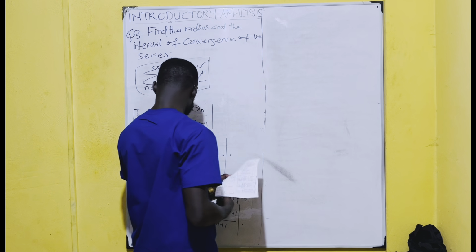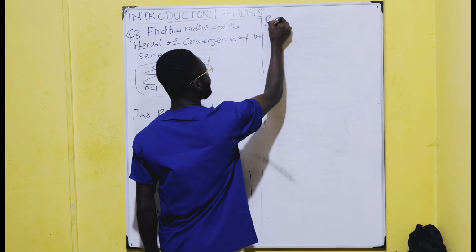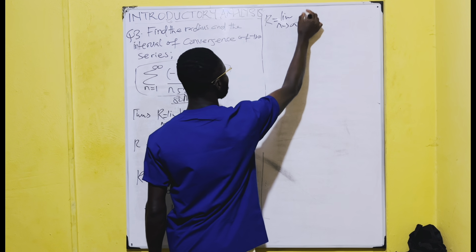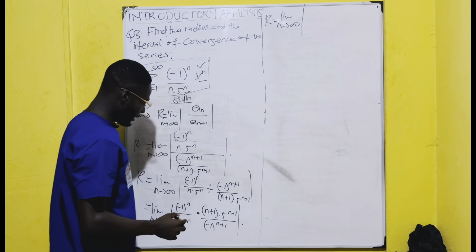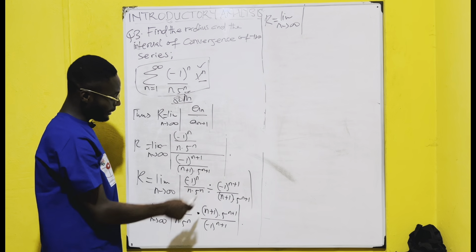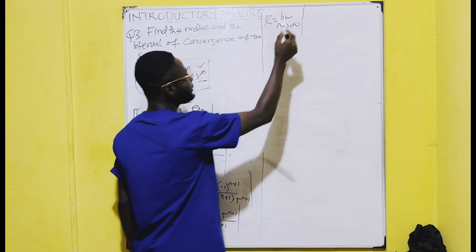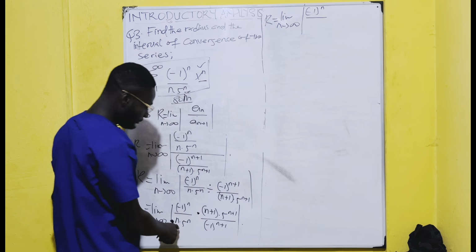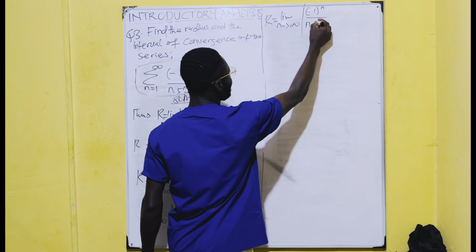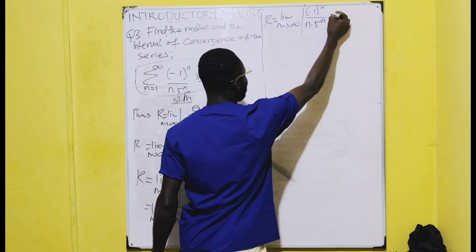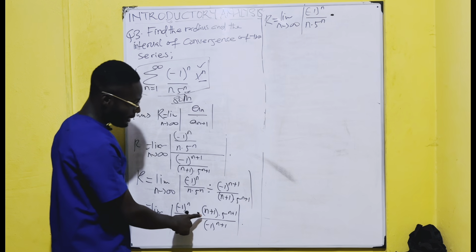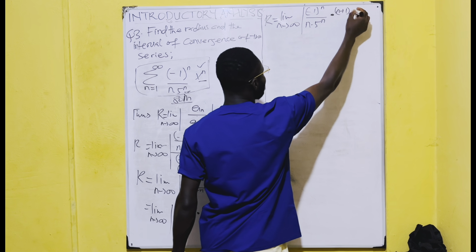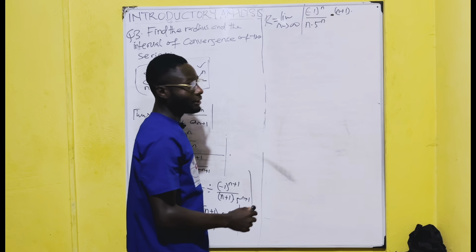We proceed up here and we say that the radius of convergence will be equal to the limit as n approaches infinity, in brackets, that is the absolute sign, of (negative 1)^n divided by n times 5^n, multiplied by (n+1) times 5^(n+1).